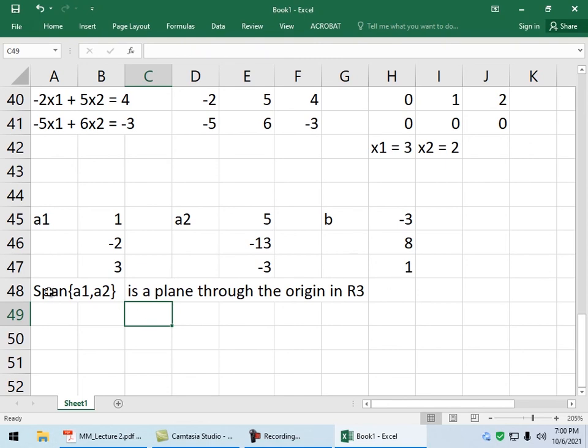And the question is, we know that span is a plane. Does b belong to this plane or not? Is b in that plane?